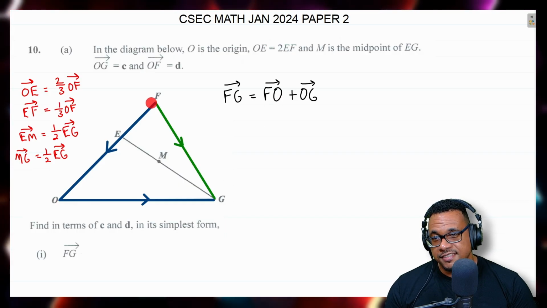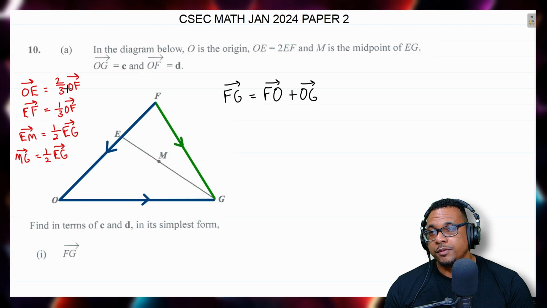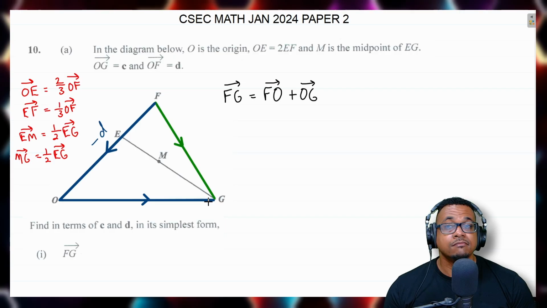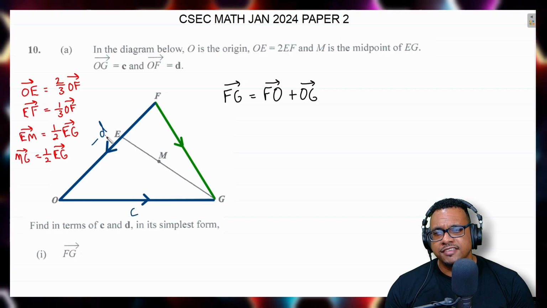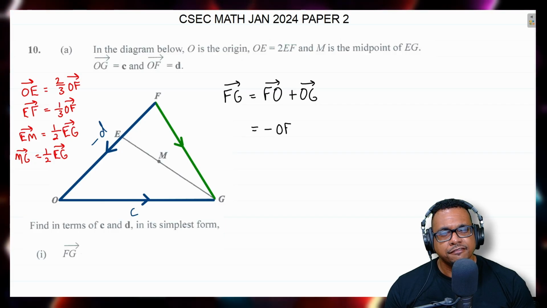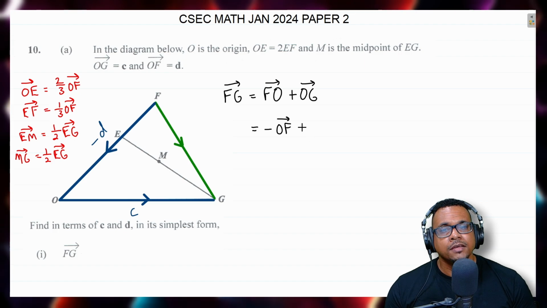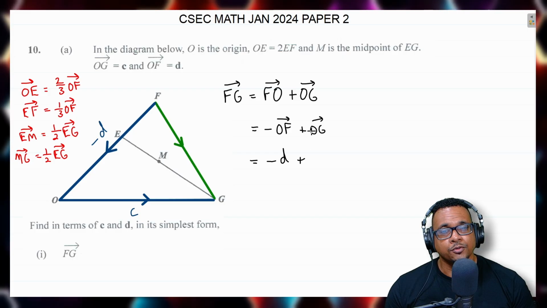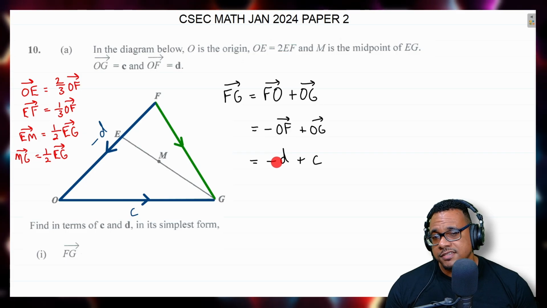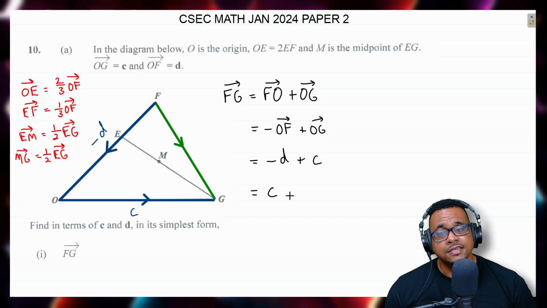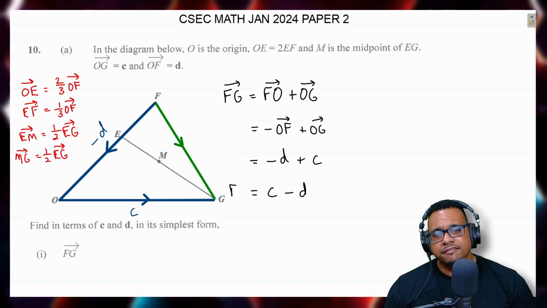All right, so if O to F is D, then F to O will be negative D. And of course, O to G is C. So what we're going to have is negative D plus C. So negative OF, that'll be equal to FO plus OG, and negative OF will just be negative D, and OG is C. Now, sometimes we don't like to write the negative first, so you can write the positive C, then the negative D. So you can write negative D plus C, or you can write C take away D. And that will be my vector F to G.